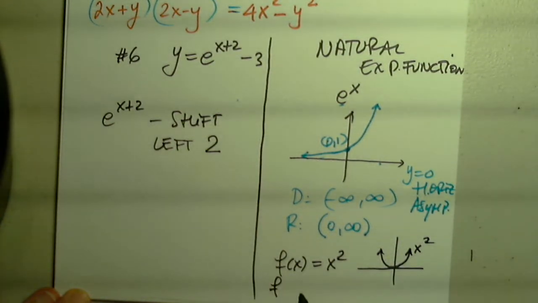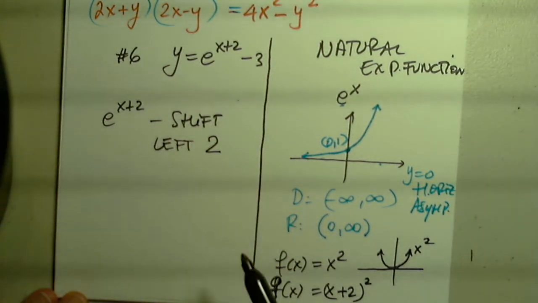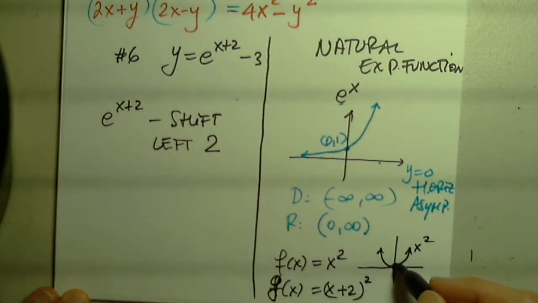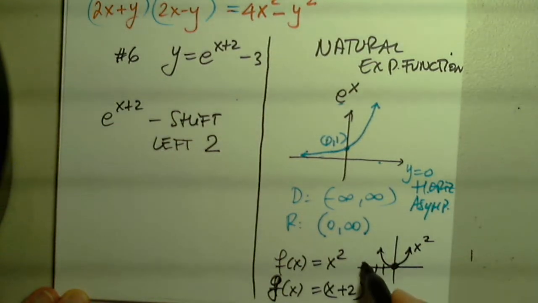But if I want to graph another function, f of x, which is x plus 2 squared, Chris said shift to the left. How do I know here? Very simple. Because this is the x-intercept, right? When x is 0. Where will this have the x-intercept? Of course, when x is negative 2. So that's why the shift is to the left.